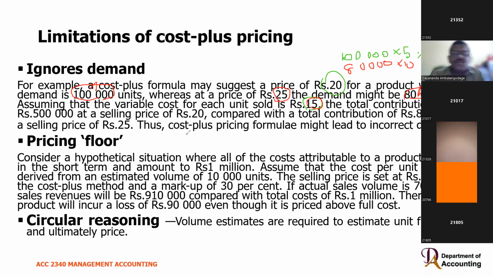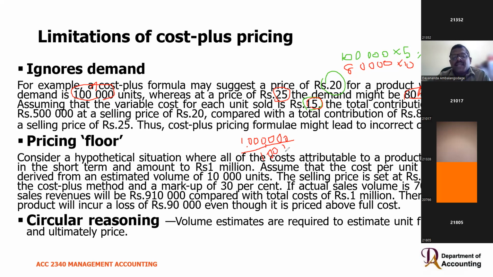So the pricing flaw is that. Now suppose the costs of a product are fixed in the short term and amount to 1 million. You have to understand this. You divide by the expected volume, the estimated sales, 10,000.